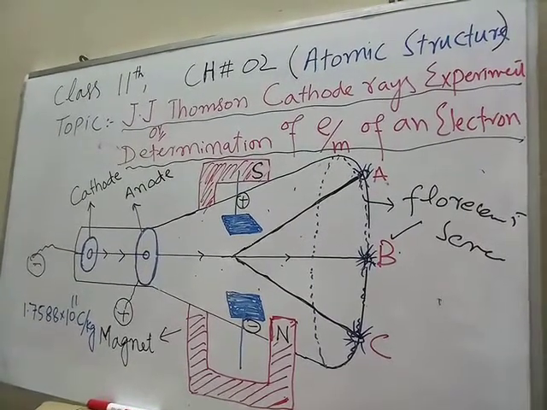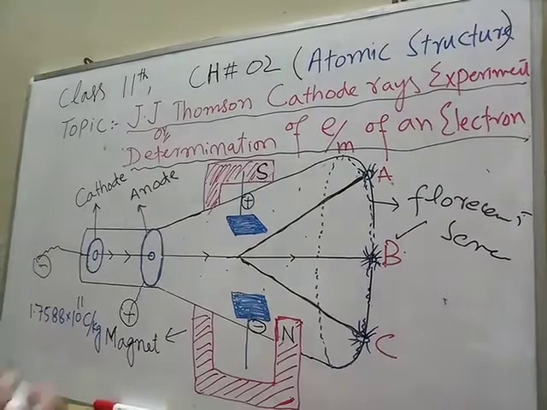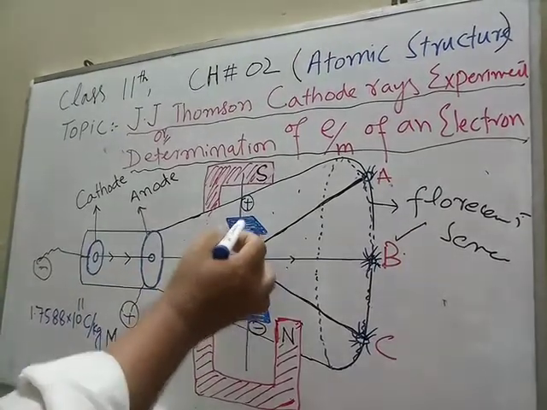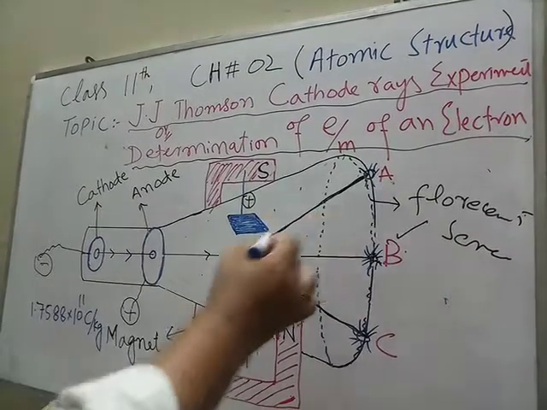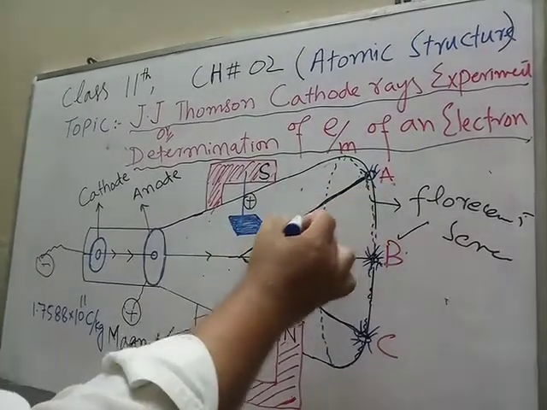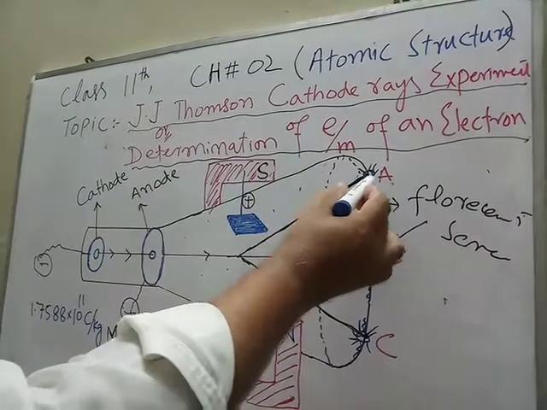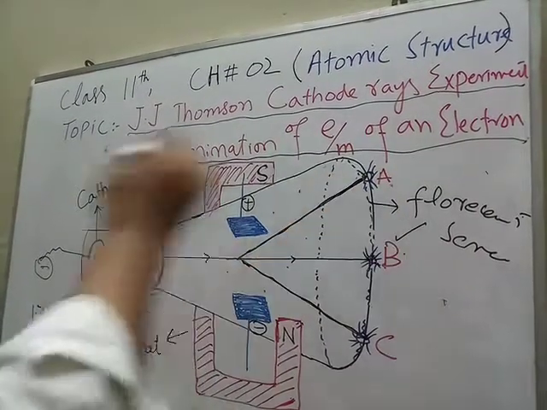Actually, cathode rays are electrons. They carry negative charge. So definitely the positive plate will attract the negatively charged electrons, and the deflection was like this, and then the cathode rays struck the point A and produced fluorescence there.